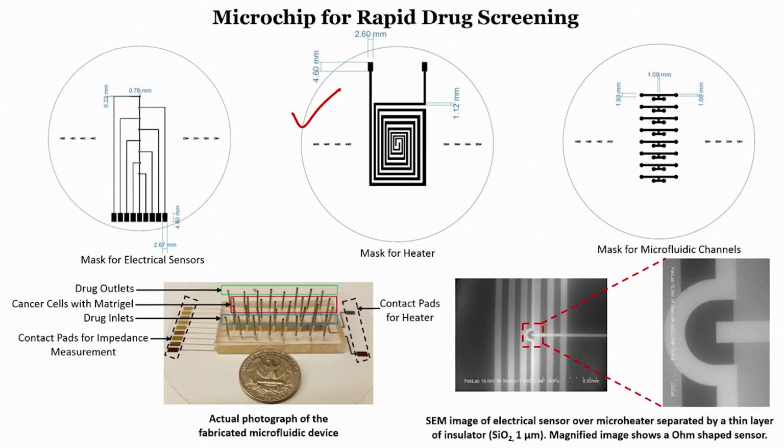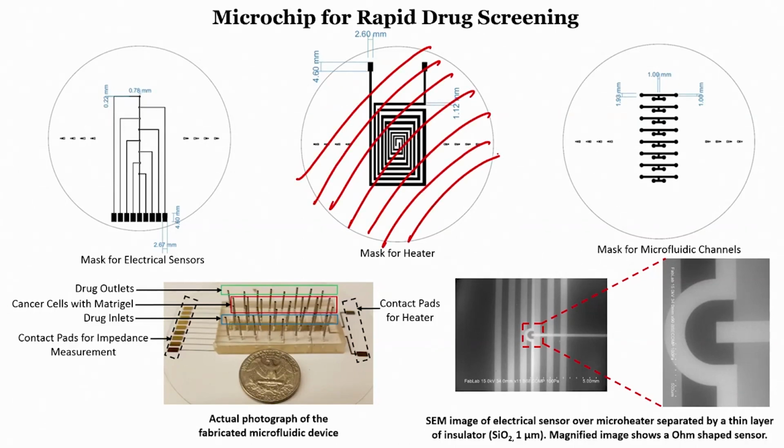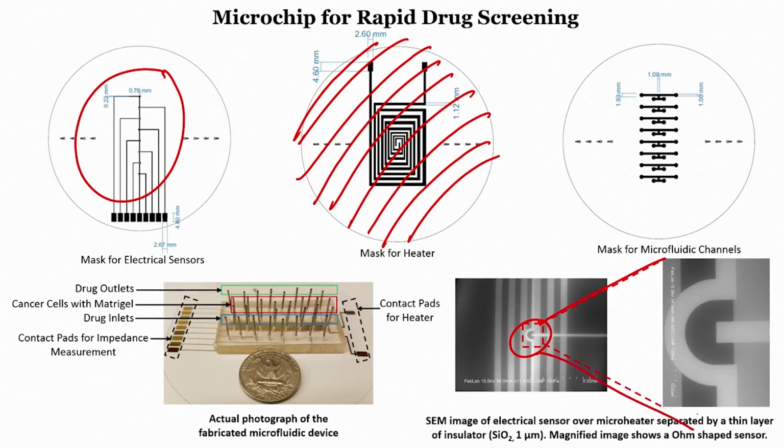Over this micro heater, there is an insulator. On this insulator, there are interdigitated electrodes. If I zoom in, I can see each electrode has a shape which is shown here.